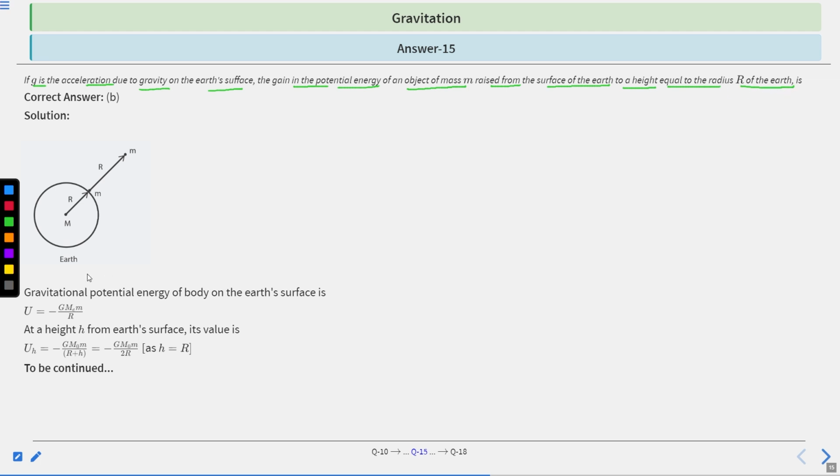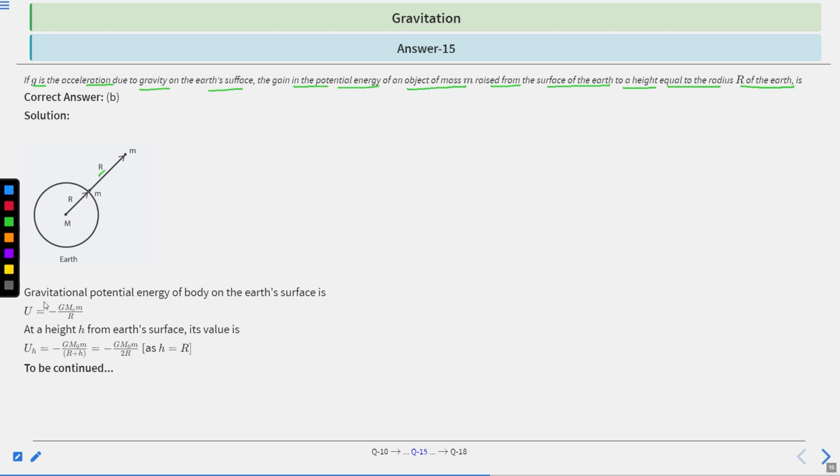Clear? So suppose this is the earth, and this is the radius of earth r, and according to the question, this is the height equal to the radius. This is the height. Clear? This one is the height, which is equal to radius.